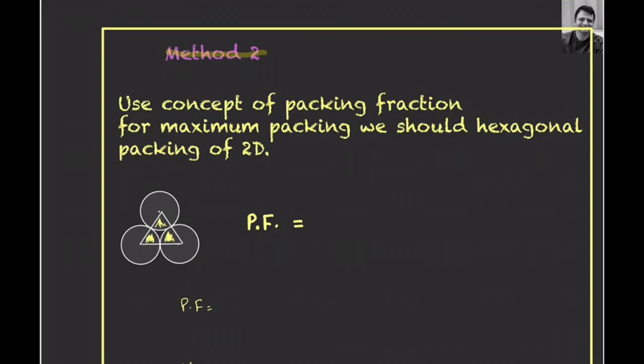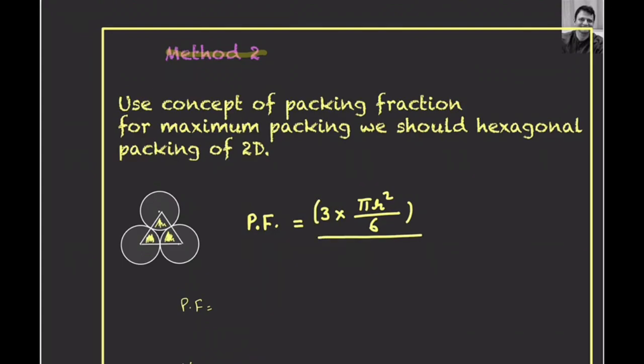If I forget the formula of packing fraction of hexagonal packing, I can derive it here. In this equilateral triangle, packing fraction is area occupied upon total area. There are 3 circles whose contribution is 1/6, because the angle is 60 degrees in an equilateral triangle, so we can write 3 into pi r square divided by 6. This is the area occupied by the marbles.